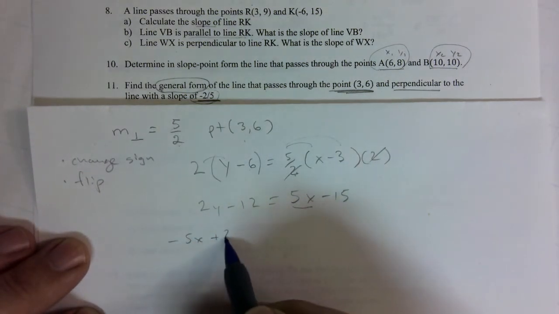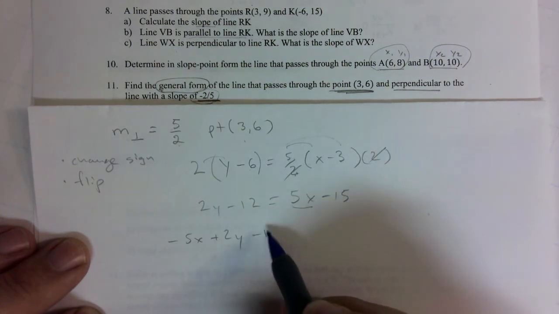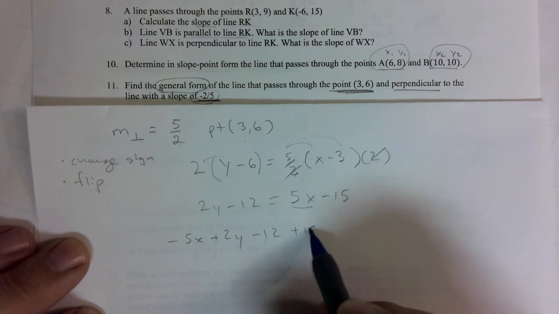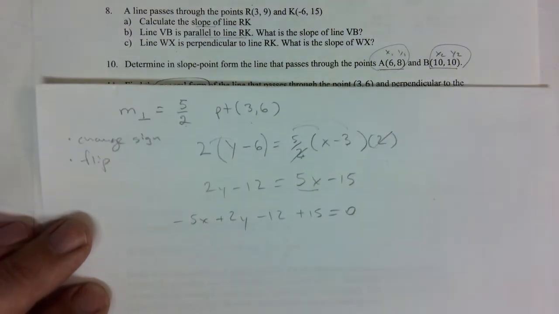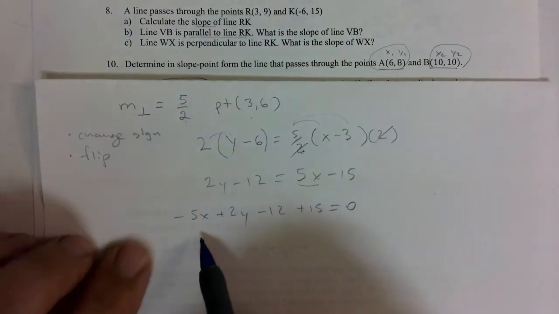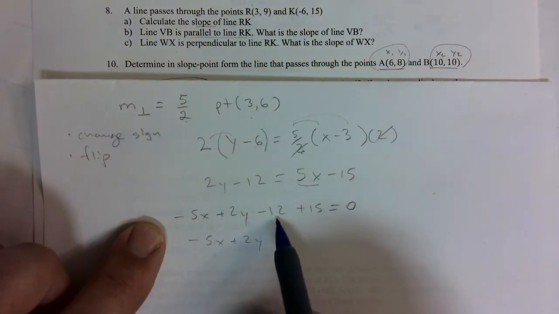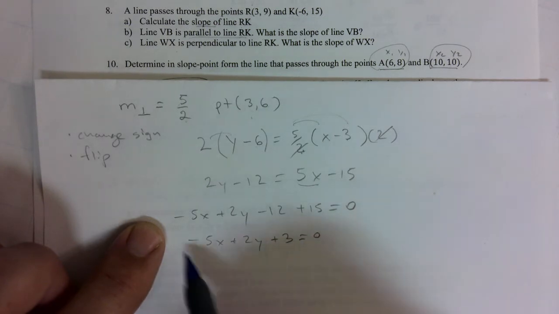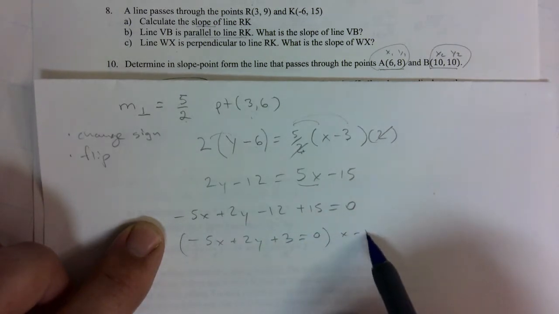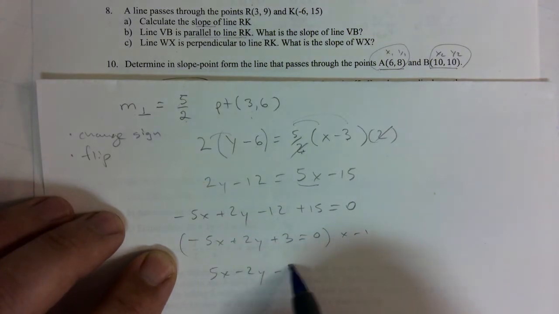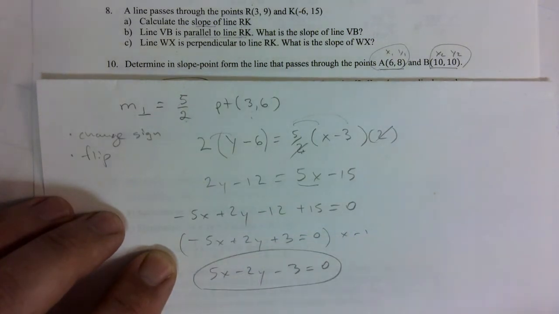The 2y is already there, keeps its sign. The negative 12 is here. The 15 comes over adding, and now you have everything equal to 0. Okay, I'm going to clean that up. Negative 12 and 15, that's plus 3, is equal to 0. Multiply everything by negative 1. And so that's 5x minus 2y minus 3 is equal to 0. Done.